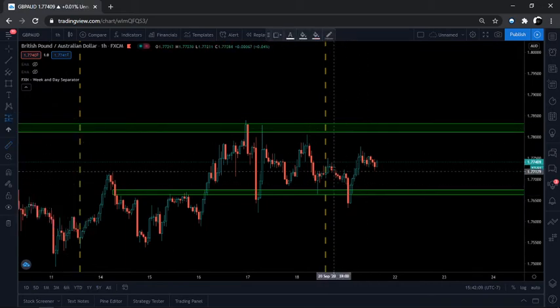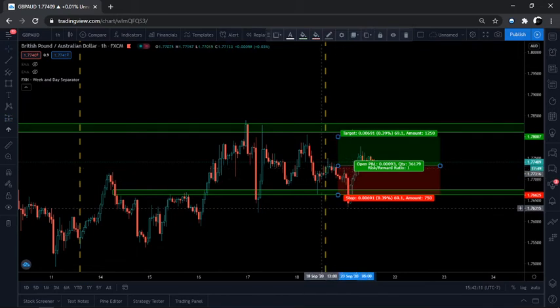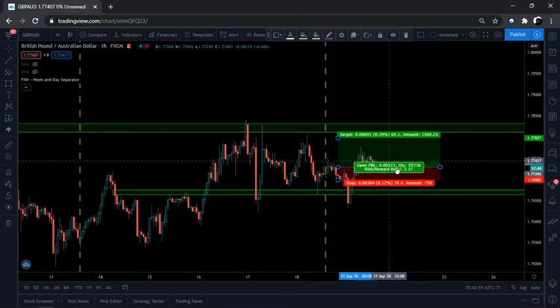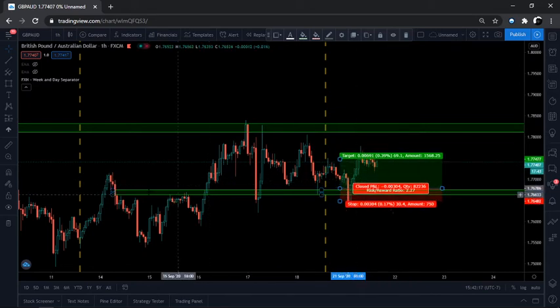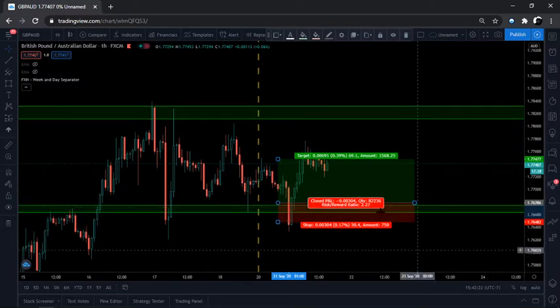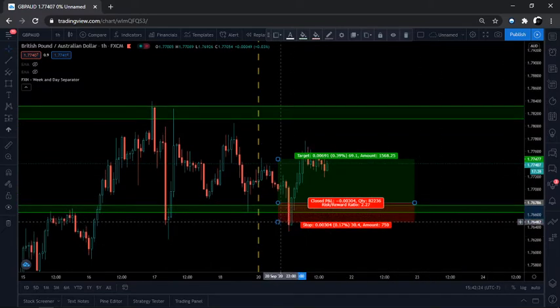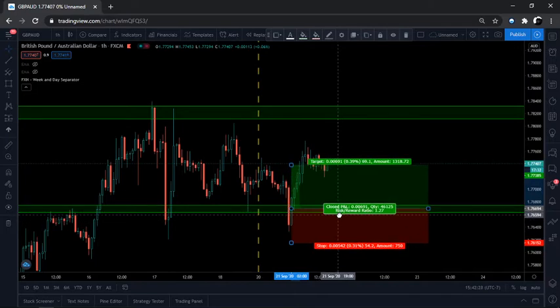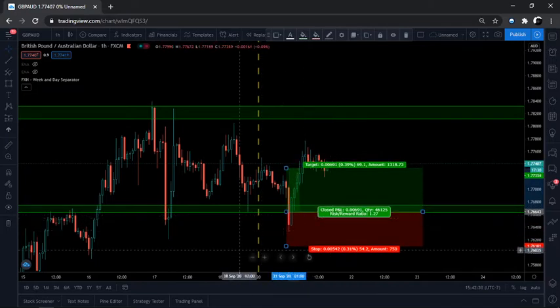I called this one yesterday like this, but it came back and stopped out. If I were a little bit more patient, I would have waited for this level that we drew here to be tested, which means price is coming back to touch it. And at this level, we would have been in the clear.